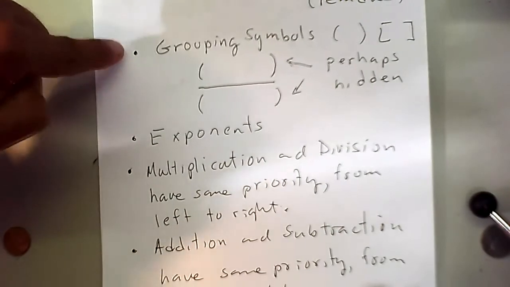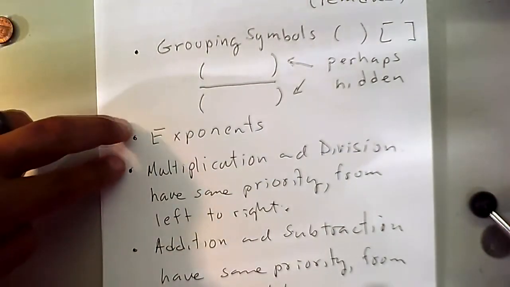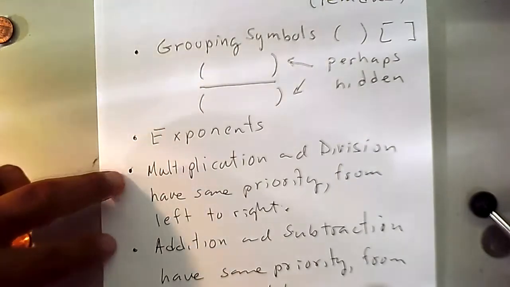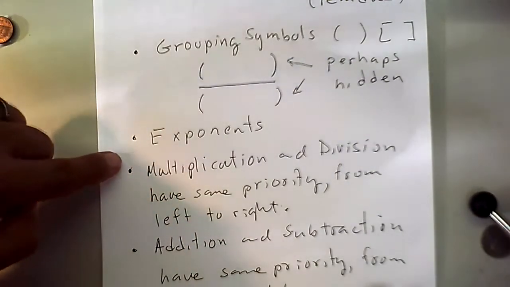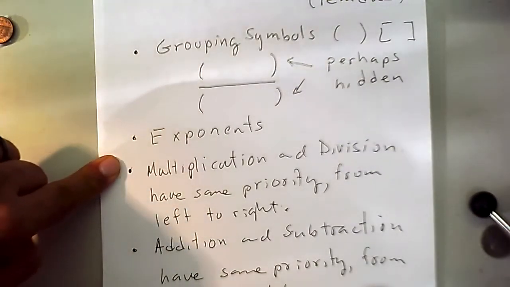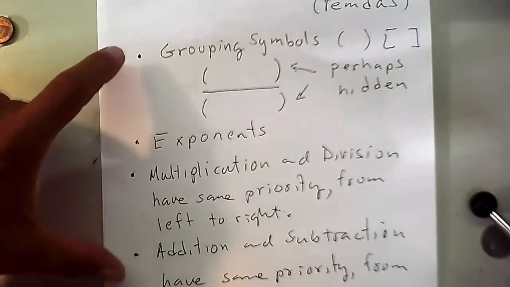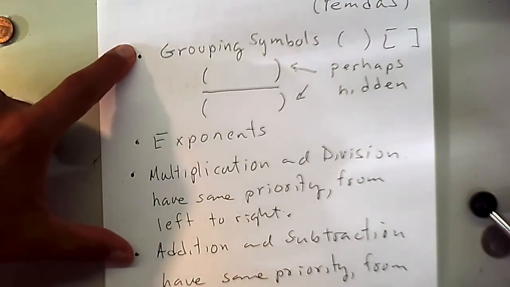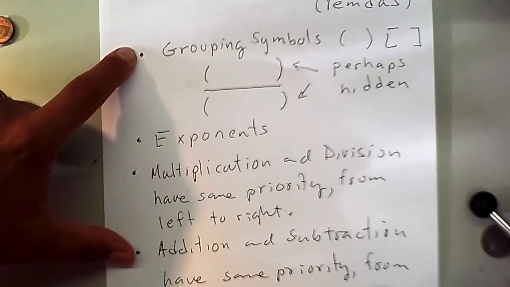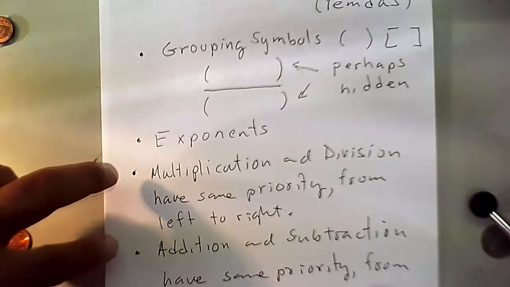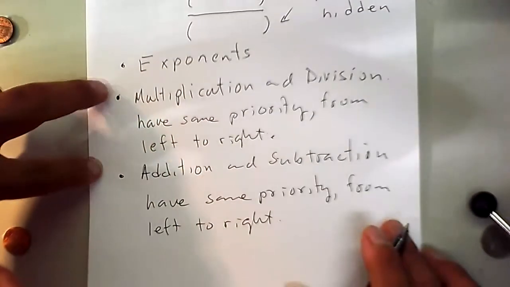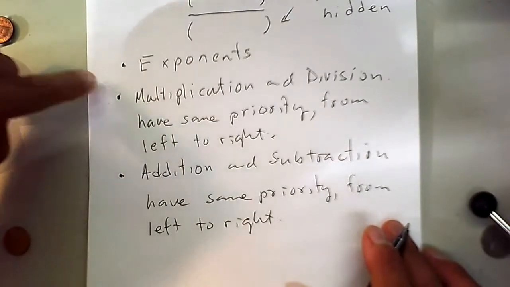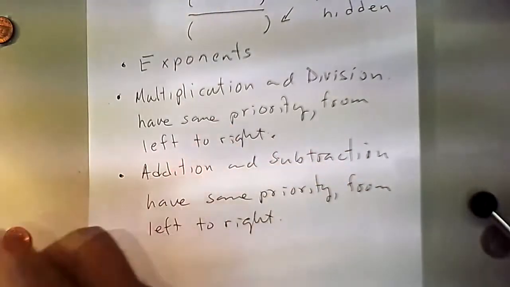This has to be done first. If there's a competition between those two, that wins. If there's a competition between those two, that wins. And if there's a competition of any one above and with one below, the one above wins. So multiplication and division compared to addition and subtraction, that wins. That has to be done first.